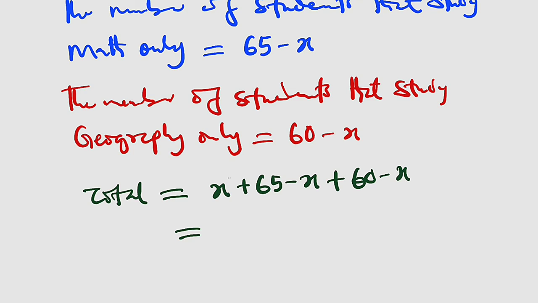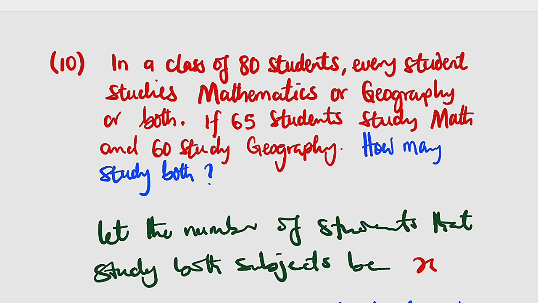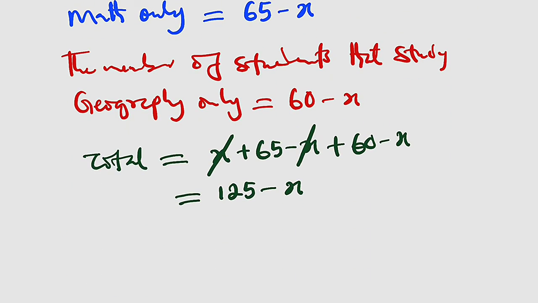This is equal to, this will cancel this because x minus x is 0. This plus this is 125 minus x. 125 minus x. So this is the total number of students. But remember, according to the question, it stated that the number of students is what? 80. So we are going to equate this to be equal to 80.